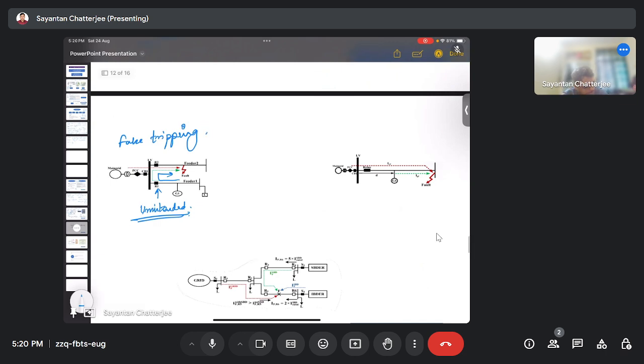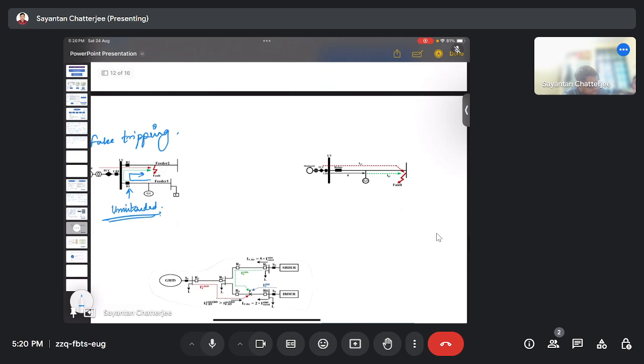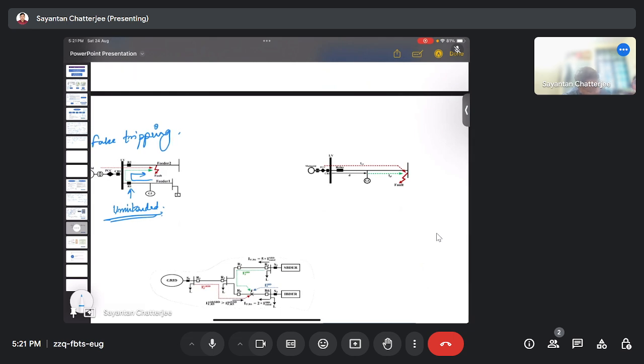Also, the blinding protection here. This is the utility side grid, the CB. So this circuit breaker will face a relatively low value of current, or rather to say fault current.